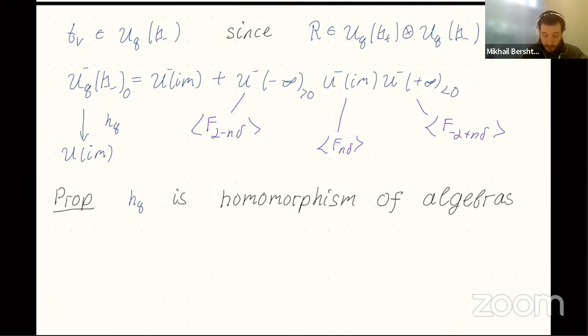So in other words, it means that this subspace is actually an ideal. And this should be called the Harish-Chandra homomorphism.